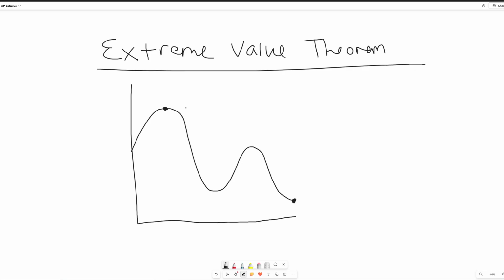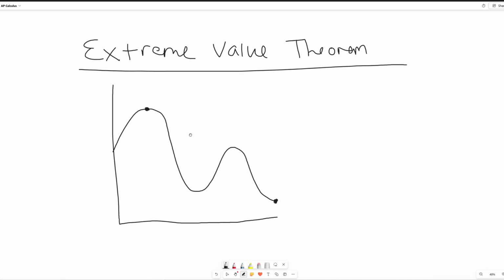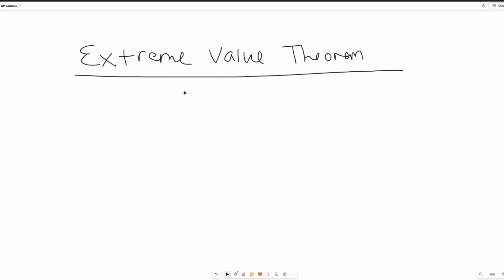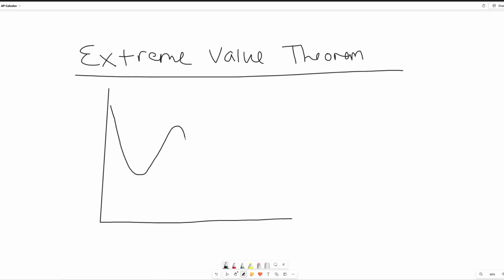So, how would you find these absolute minimums and maximums? So, if I gave you an interval, or not an interval, but a function over an interval, like this. Some really weird function.